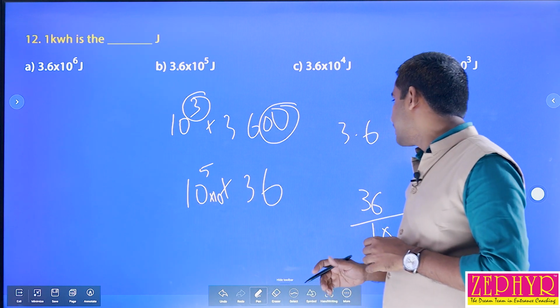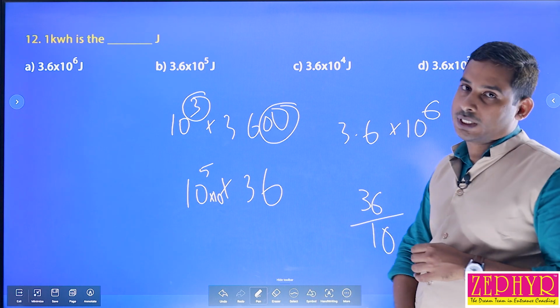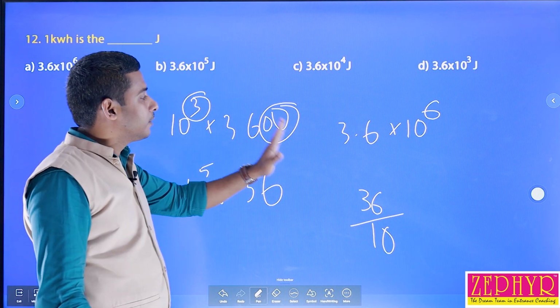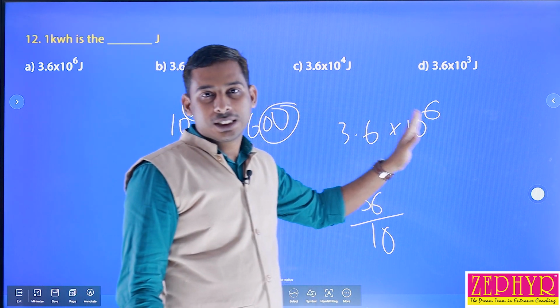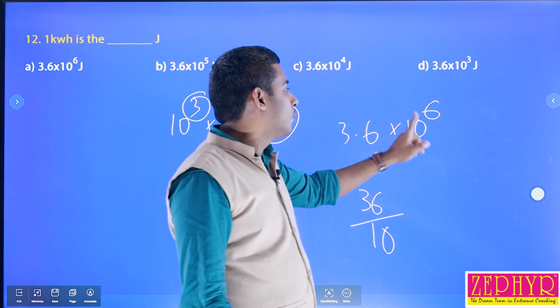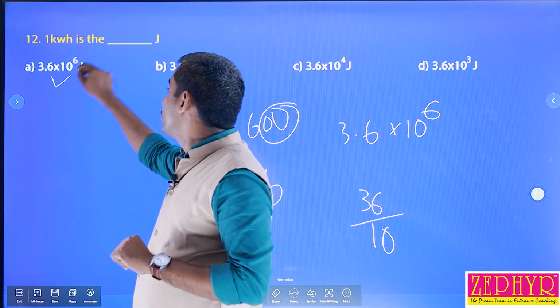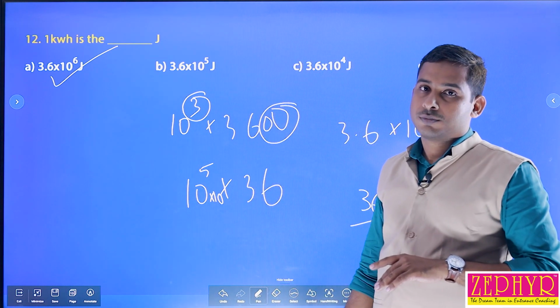That means our answer becomes 3.6 into 10 raised to 6. The final answer is 1 kWh is 3.6 into 10 raised to 6 joule.